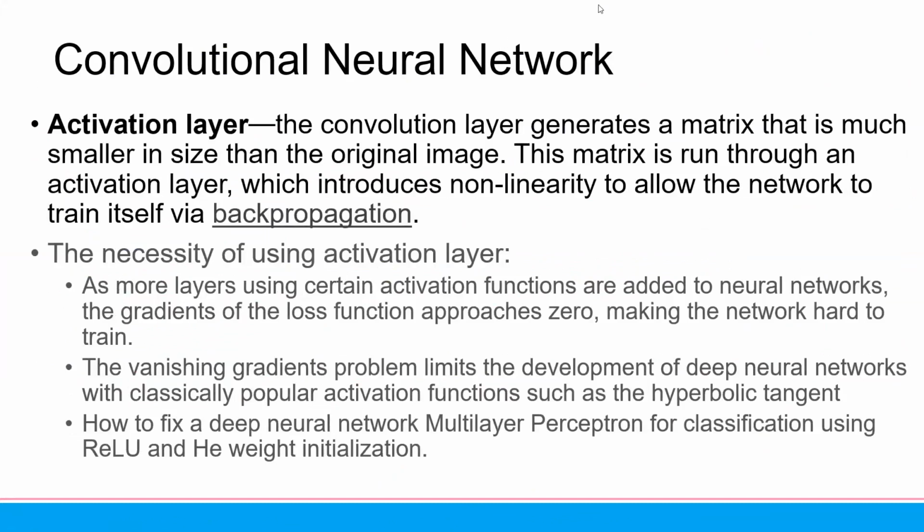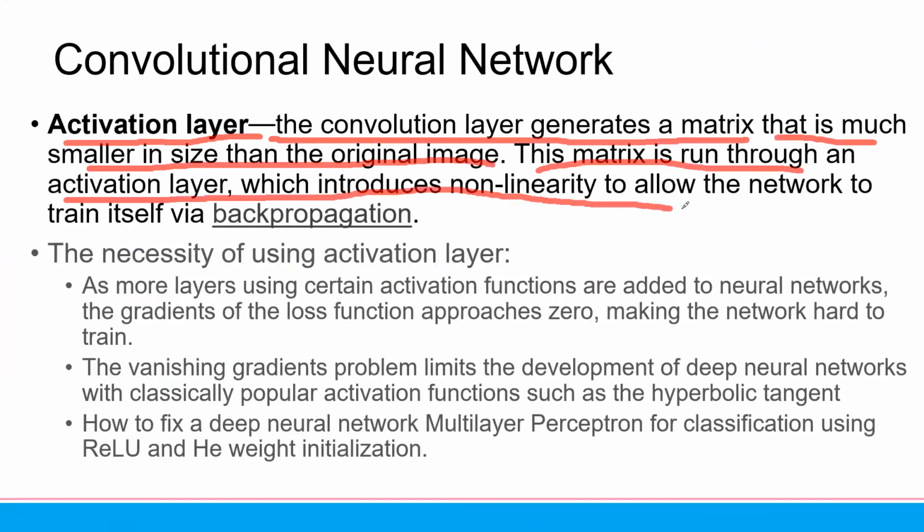The activation layer. The convolutional layer generates a matrix that is much smaller in size than the original image. This matrix is run through an activation layer, which introduces non-linearity to allow the network to train itself via back propagation.